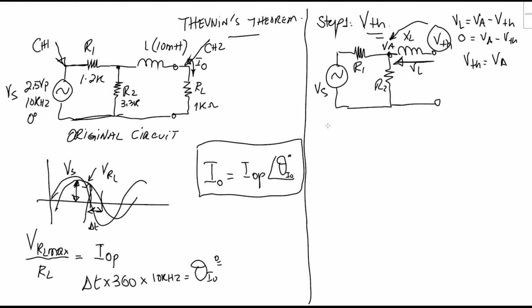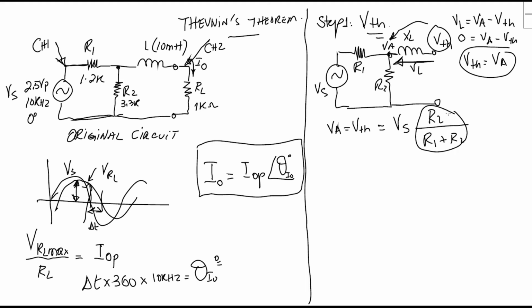So Va, which is Vth, according to this demonstration here, will be equal to V source, that's the rule for this voltage divider, multiplied by R2 divided by R1 plus R2. So this is a ratio, it's unitless. Ohm by ohm will be simplified, so it's only a constant ratio.